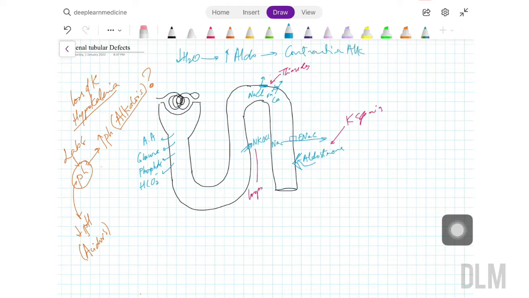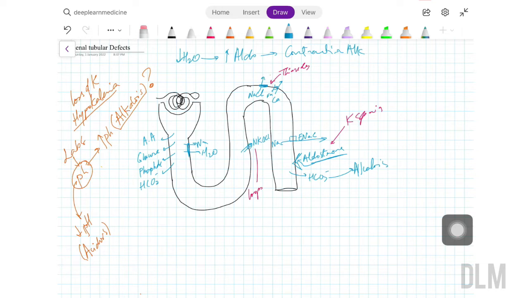Aldosterone works on the proximal convoluted tubule and reabsorbs a lot of sodium, and as you know, wherever sodium goes, water goes with it. So a lot of water is reabsorbed, and also in the collecting duct, bicarbonate is reabsorbed and hydrogen is excreted. Whenever bicarbonate is reabsorbed due to the effect of aldosterone, it causes alkalosis. Bicarbonate is alkali, so you can guess.